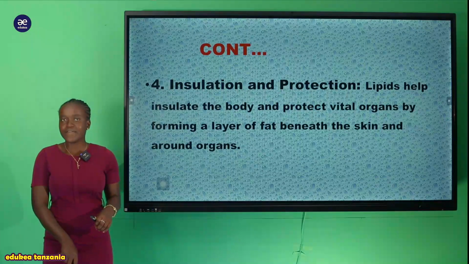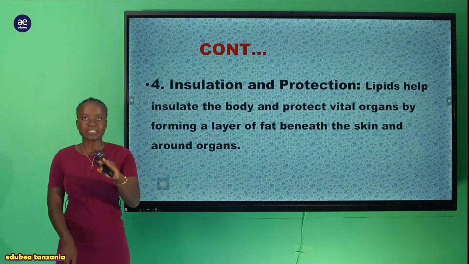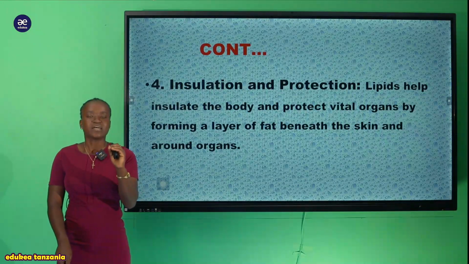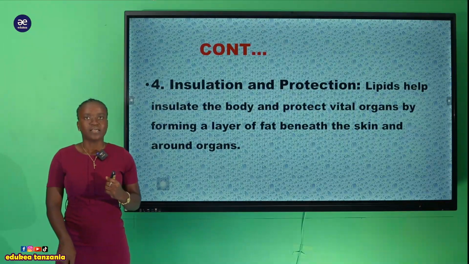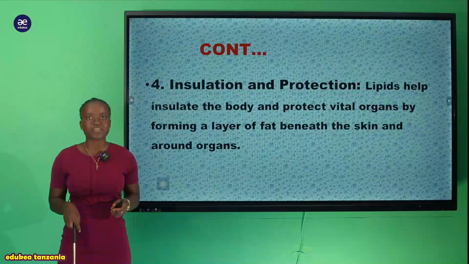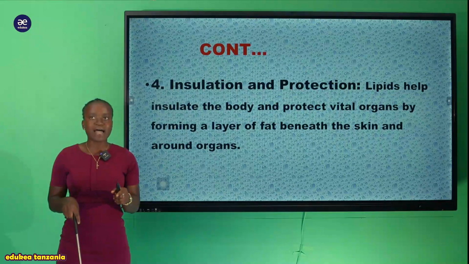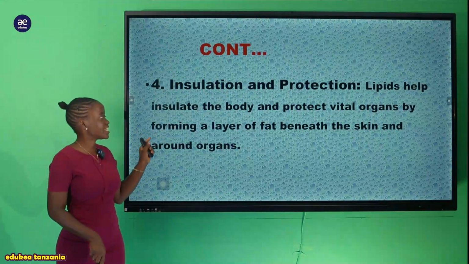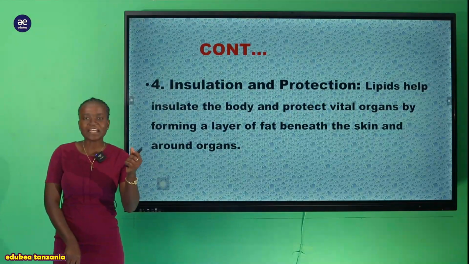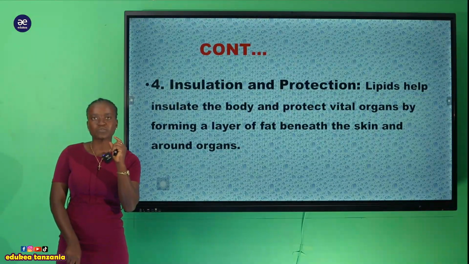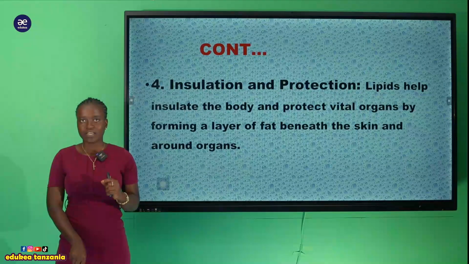And the organs here we are talking about are the heart, the kidney, the lungs, the stomach and the intestine, where you can find these lipids or this fat. You can ask yourself, what is the function of those fats which are found around the heart?